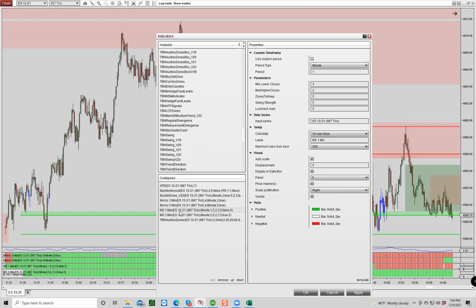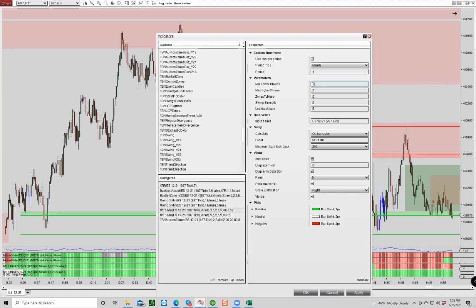This specific one, even though it's labeled 1 minute, you can ignore that. I was testing a 1 minute earlier, but it is actually going to be the chart time frame I'm using, which is a 987 tick chart. The reason I know that is because I don't have this box up here checked. If I check that box, then I can apply whatever time frame I want on this chart.